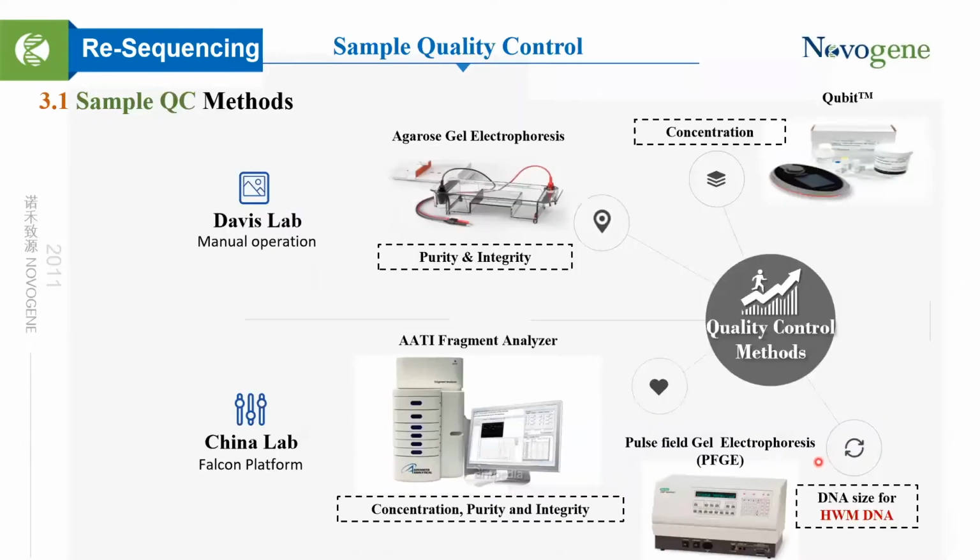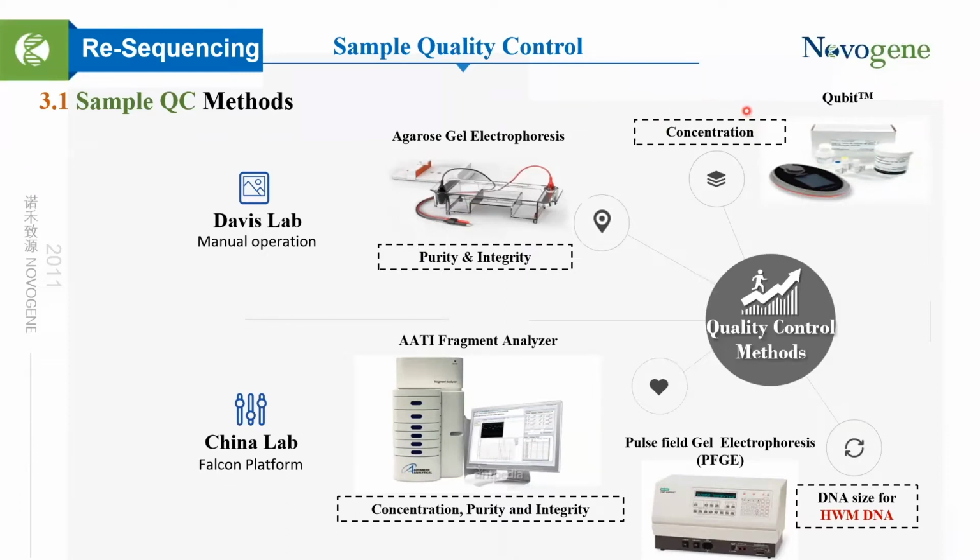And once the samples are claimed by our lab, we will perform the sample quality control within 24 hours to check the quality and quantity of samples. So at Davis Lab, we offer the manual operations of agarose gel electrophoresis to identify if there's any impurity or degradation, and Qubit to determine the concentrations.